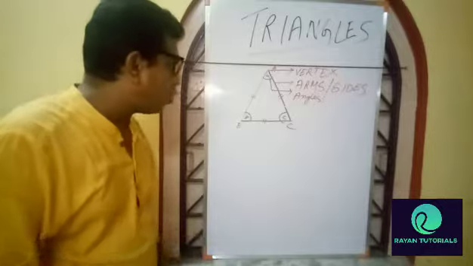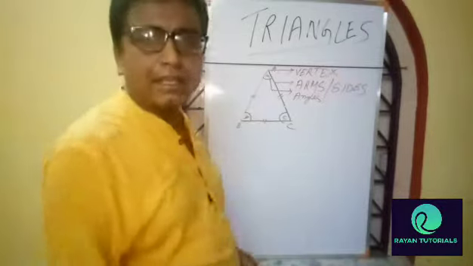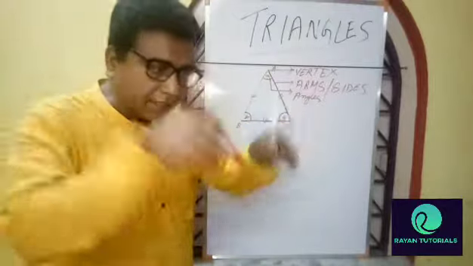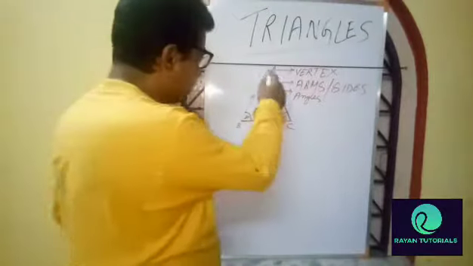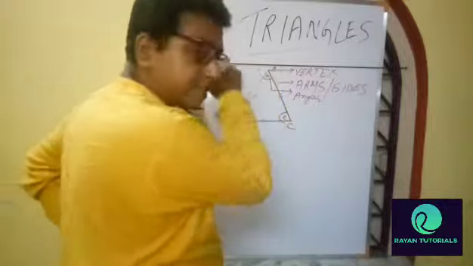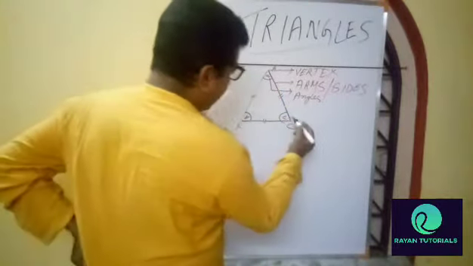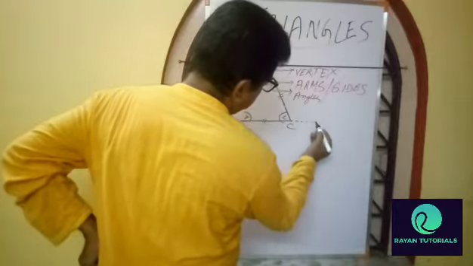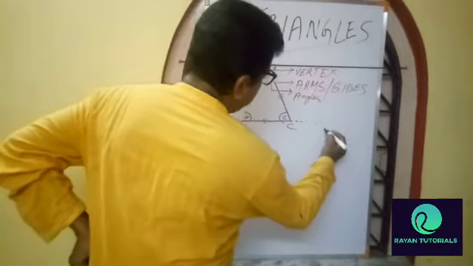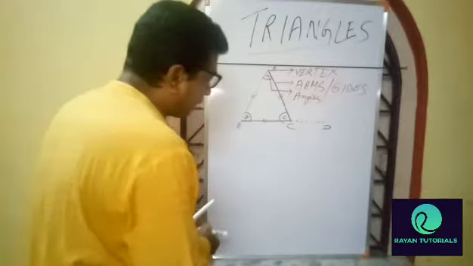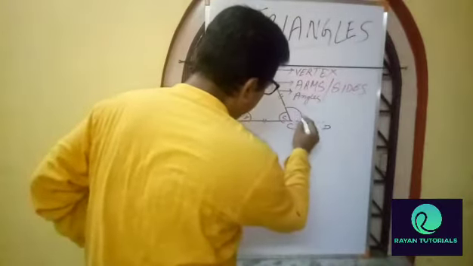Okay. Now these three angles you see, they are inside the triangle, the interior part of the triangle. And again, if I just extend this line, say name it D, so here also I can get an angle.